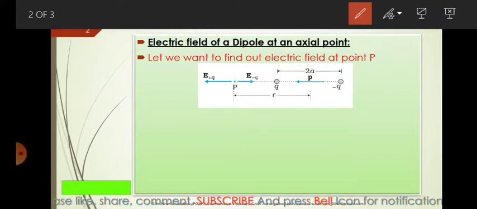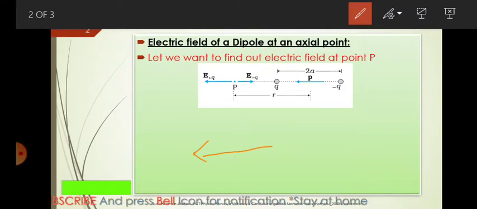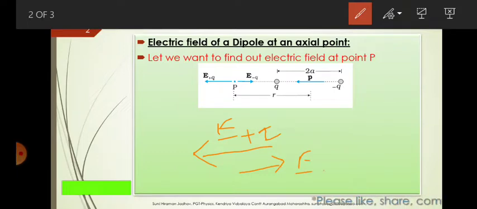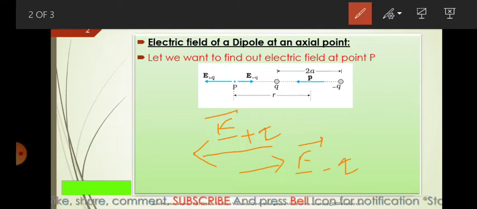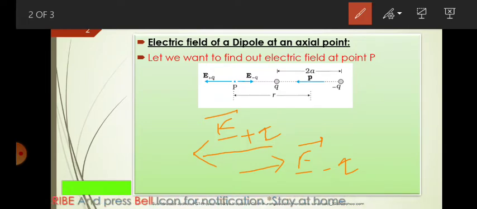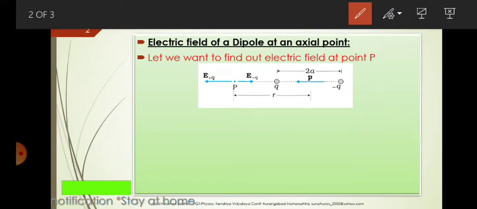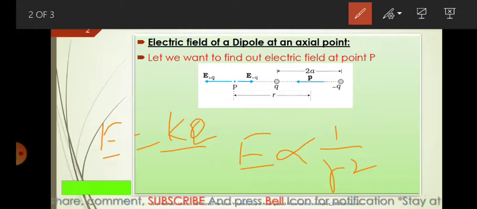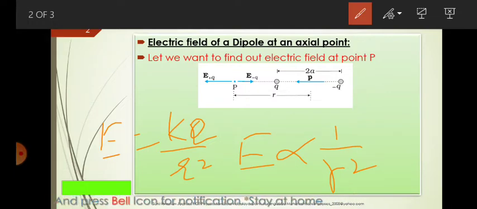Note one very important thing. The vector E plus q we are indicating slightly larger than E minus q. Basically these are vectors, shown in bold form. Why is it so? As we know, the electric field is inversely proportional to r square. From the formula of electric field we have E equal to kq upon r square, where q is any charge and r is the distance from that charge.